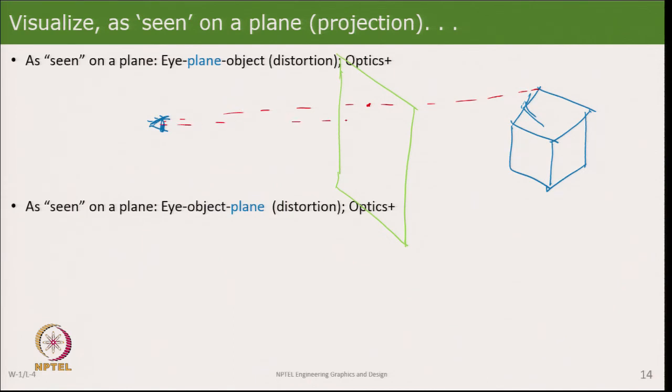Similarly, this line, and by doing this, we end up making an image of this object, which was 3-dimensional, on the screen, which is 2-dimensional.